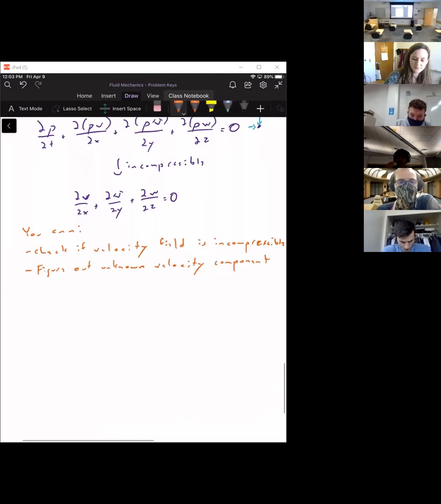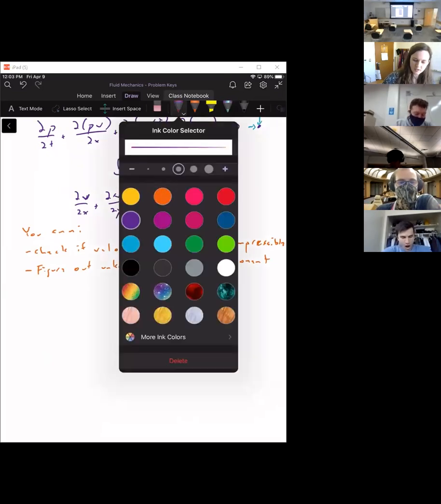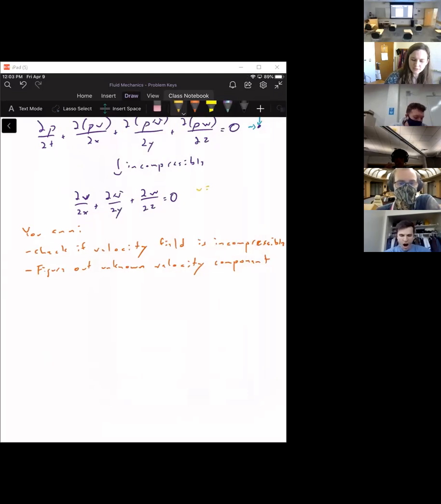Like if I gave you u is equal to 3x and v is equal to 2y, and that was the velocity, and w is 0. It's two-dimensional. And I asked you, is this incompressible?